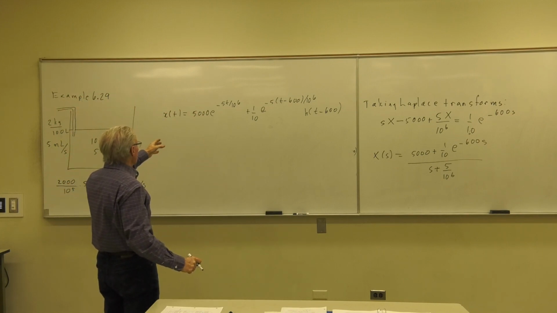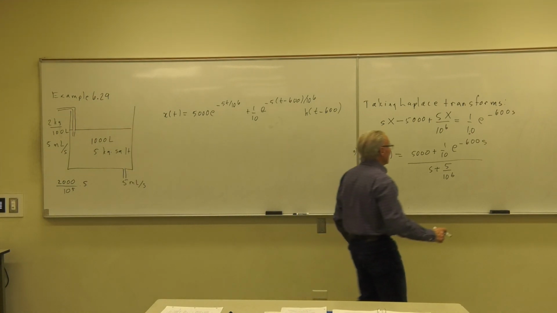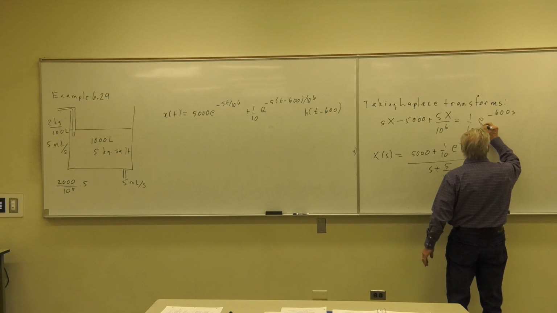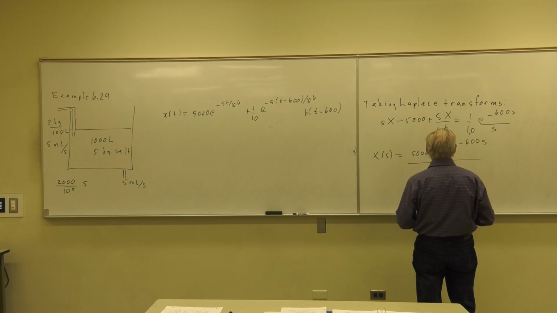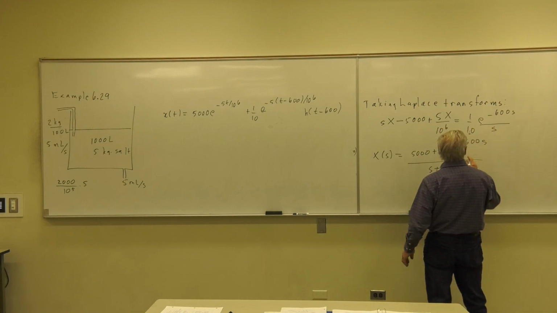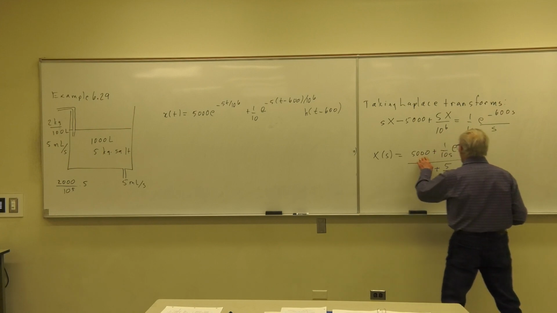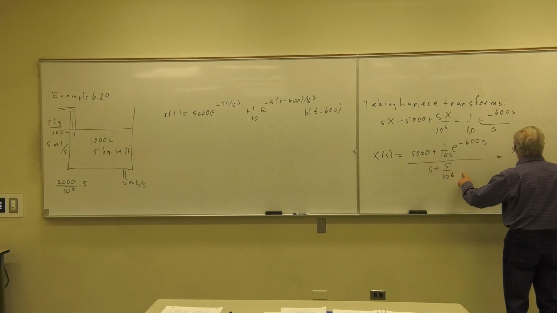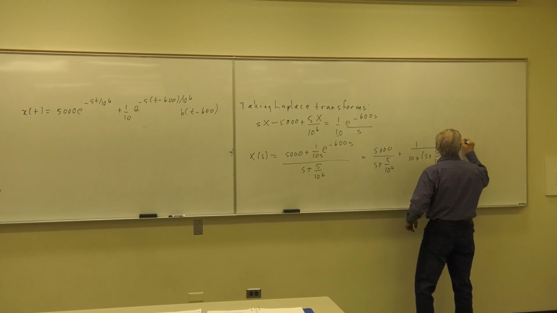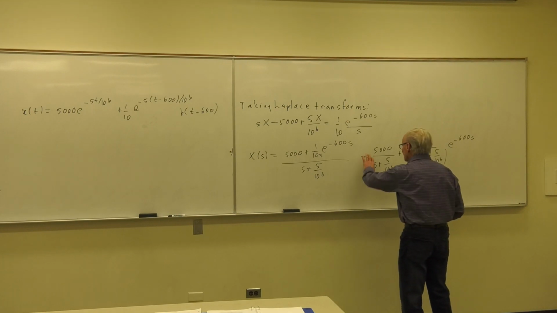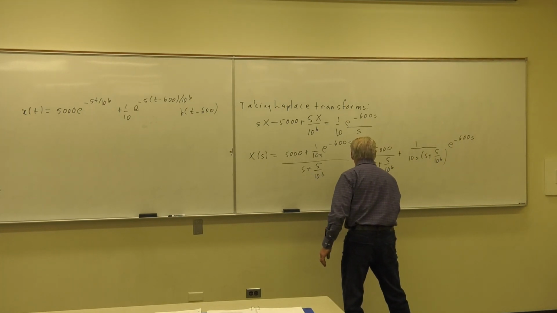When you take the Laplace transform of the Heaviside, it's supposed to be over s. So that's going to change things somewhat. So that s is going to be sitting in here. And then we're going to break this up into 5,000 over s plus 5 over 10 to the 6, plus 1 over 10s times s plus 5 over 10 to the 6, e to the minus 600s. So this one we did over there, but that one we're going to have to partial fraction.